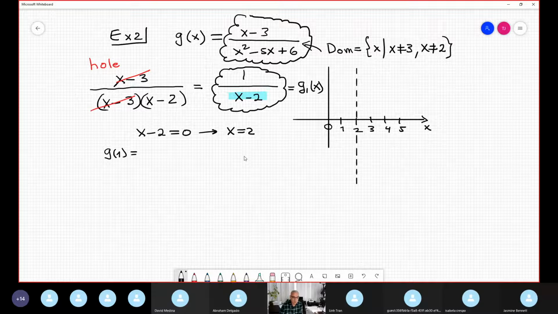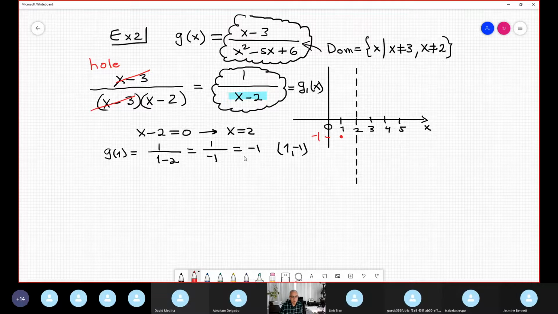My recommendation is plugging in directly in the easy one: 1 minus 2 is negative 1, so 1 over negative 1 is negative 1. The point is 1 comma negative 1. I plot that, 1 comma negative 1 is here. It's negative 1 in y and positive 1 in x.